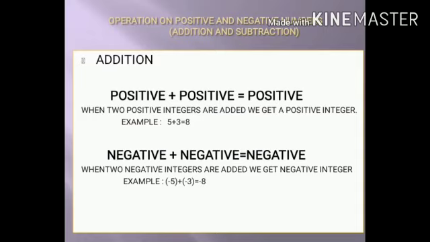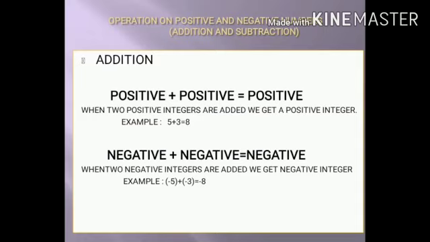Example, 5 is an integer and 3 is another integer. If you add these two integers, we will get a positive integer, which is 8. 5 plus 3 is equal to 8. Therefore, if you add two positive integers, we get a positive integer.